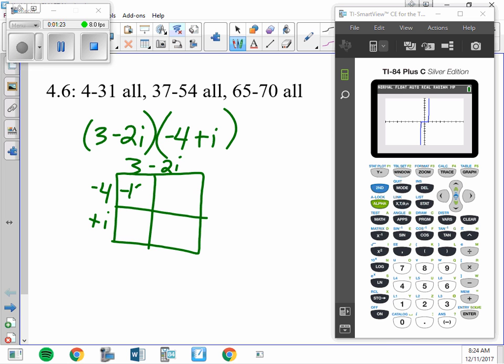And I would get negative 12 plus 8i plus 3i, and then minus 2i squared. But i squared is just negative 1, so I get rid of this, and I do negative 2 times negative 1 is positive 2. And now the negative 12 and the 2 add together to be negative 10, and the 3i and the 8i add together to be 11i.